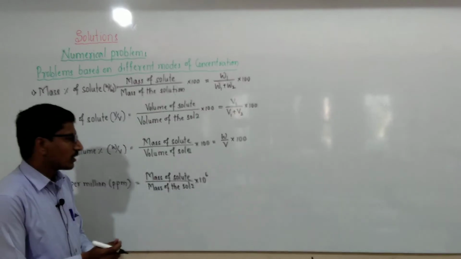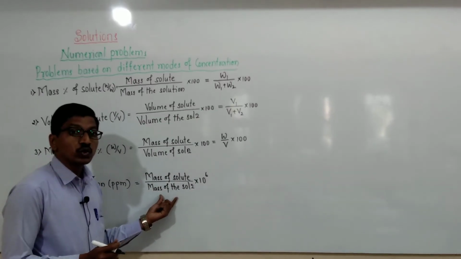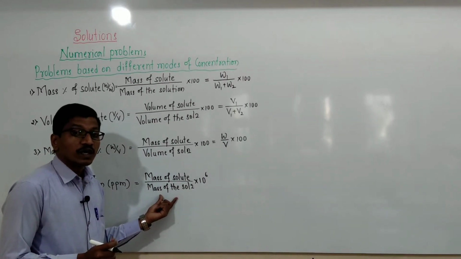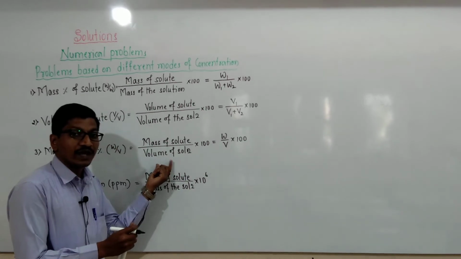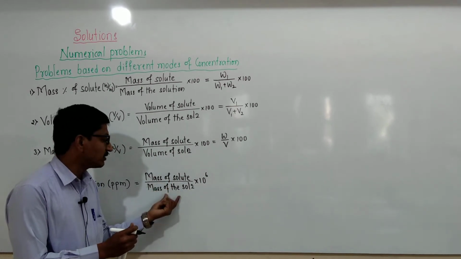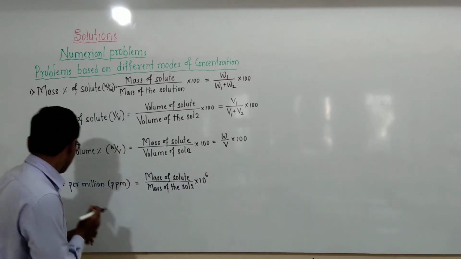In some numerical problems, the mass of the solution is considered as mass of the solvent because the mass of the solute is negligibly small as compared with mass of the solution.